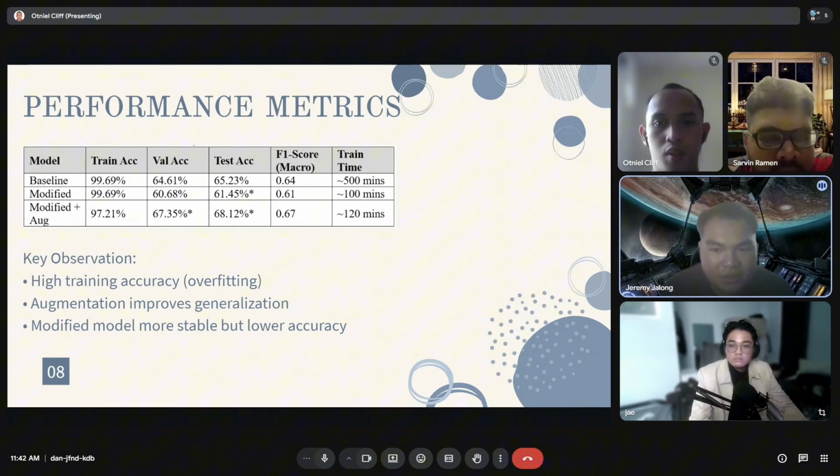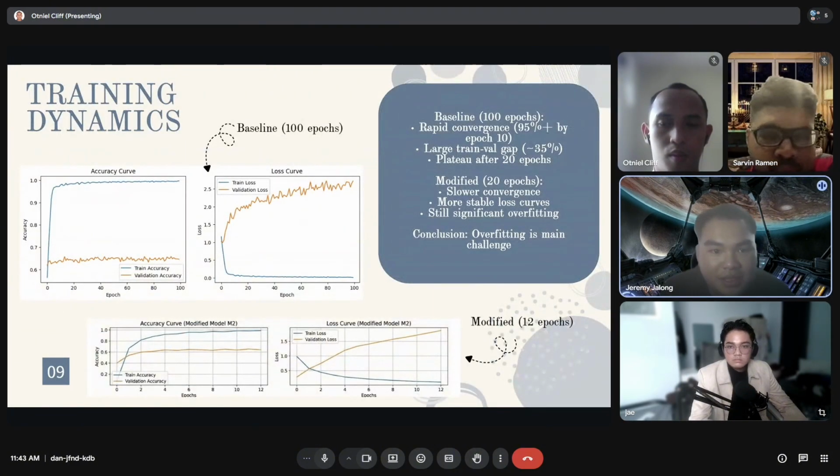The modified augmentation version was our top performer, achieving the highest test accuracy of 68.12% and an F1 score of 0.67. This confirmed that regularization and augmentation are essential for real-world performance. Thank you, and I will pass the next slide to the next presenter.